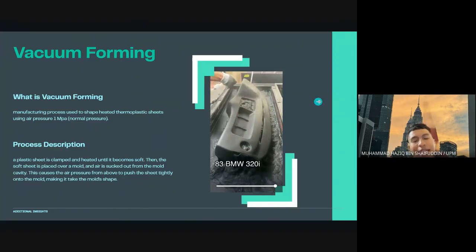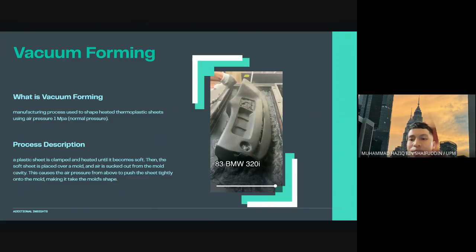As you can see on the video, first, the sheet and mold are heated until the sheet becomes soft but not melted. Then, the material must reach a temperature where it can stretch easily. Gas is blown on top of the sheet.